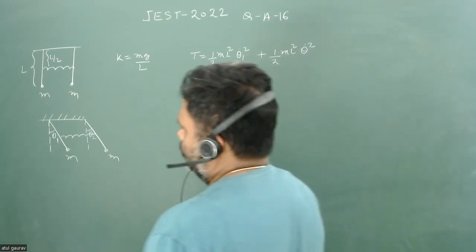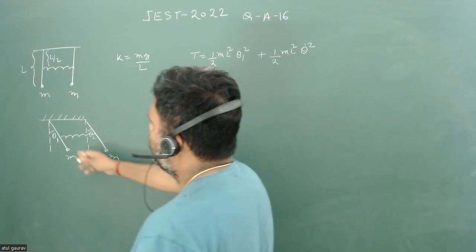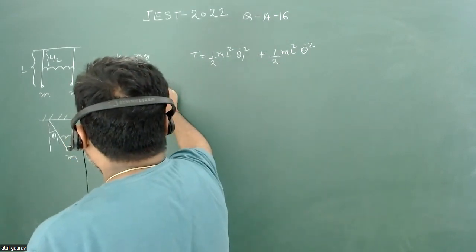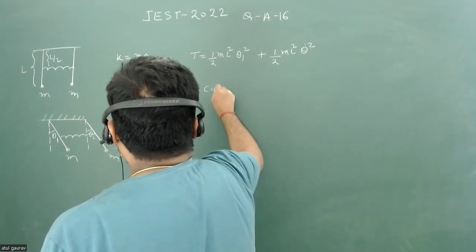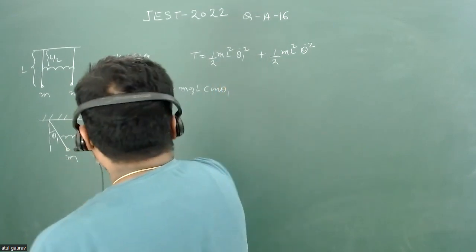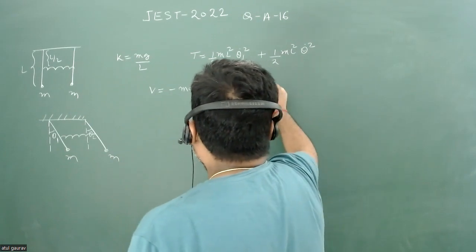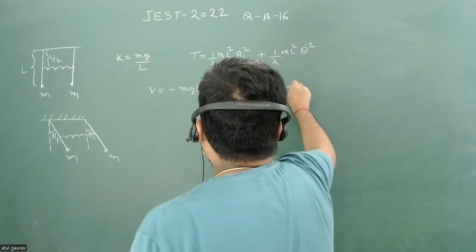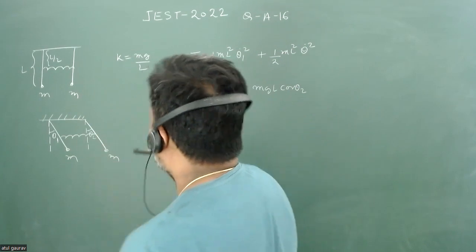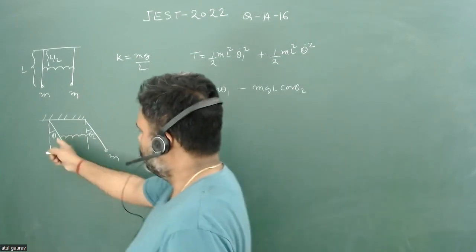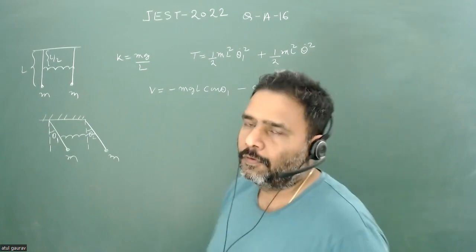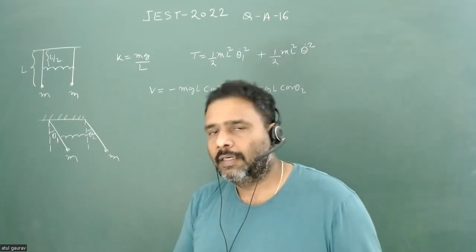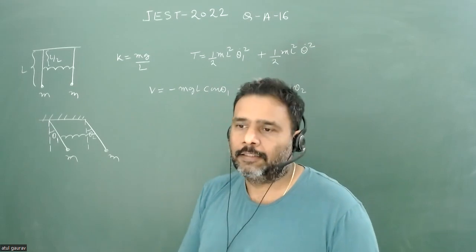Now we have to write the potential energy. The potential energy for the pendulum is minus mgl cos theta 1 for the first one, minus mgl cos theta 2 for the second one. And there is some restoring force in this spring also. The potential energy in the spring is half k into change in length square.